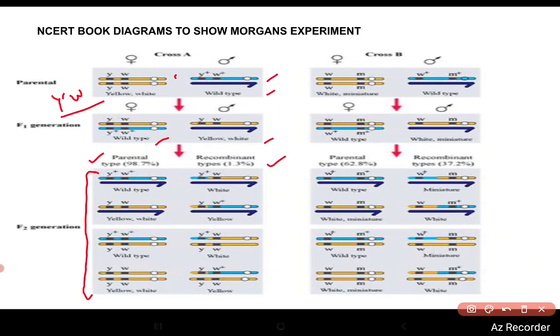So these are the parental combinations. Two males, one with the X chromosome from the female and one Y chromosome from the male.